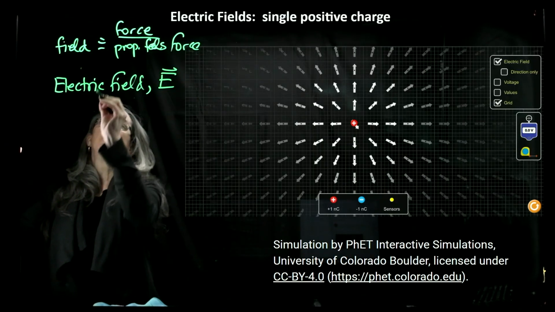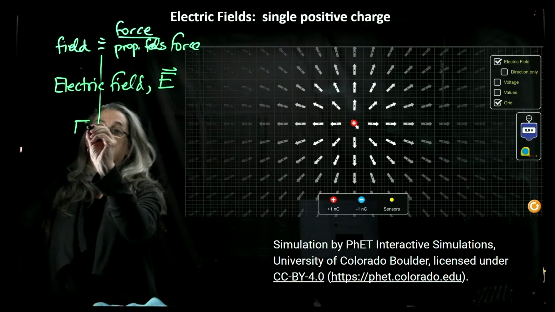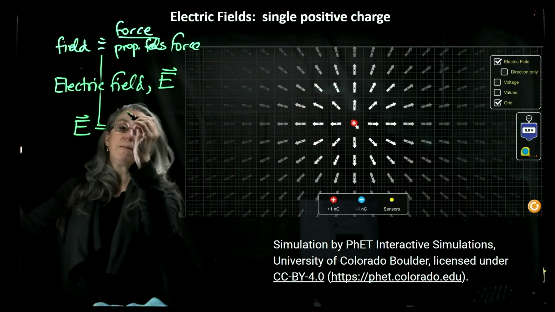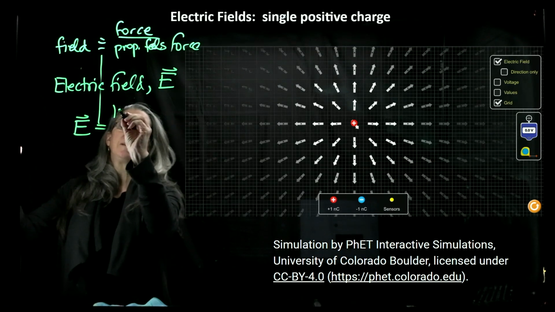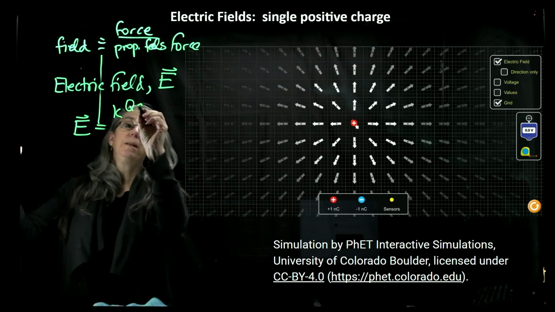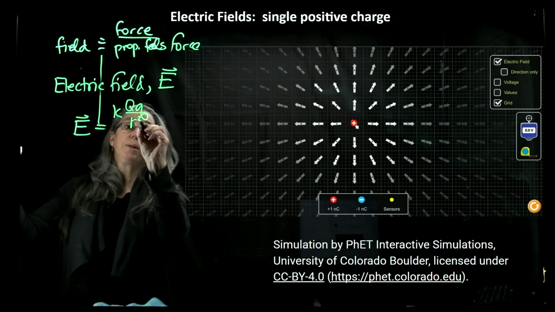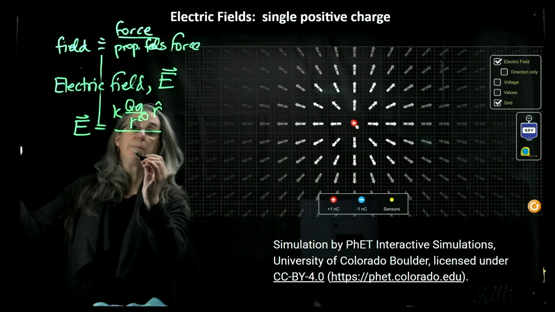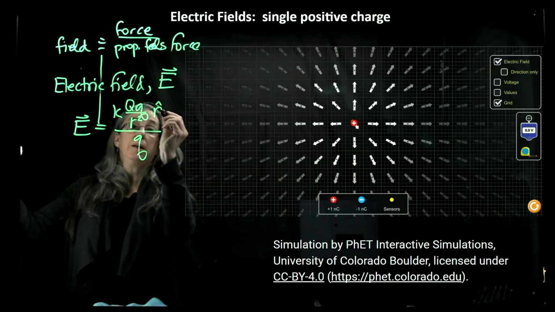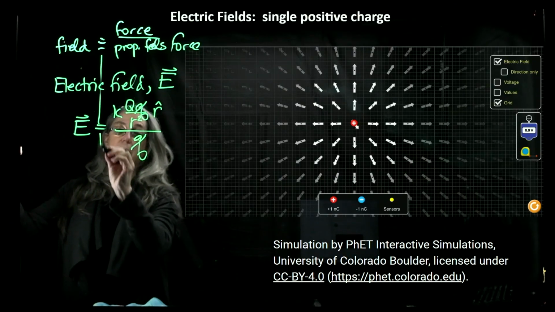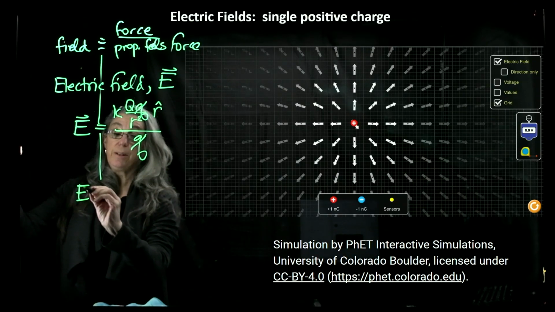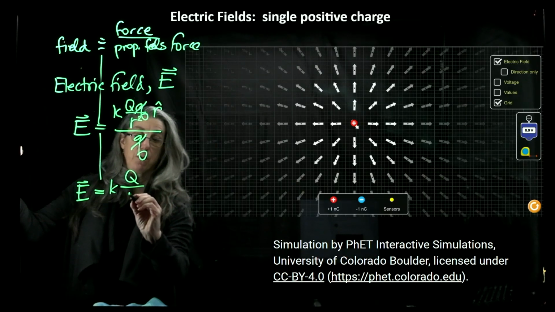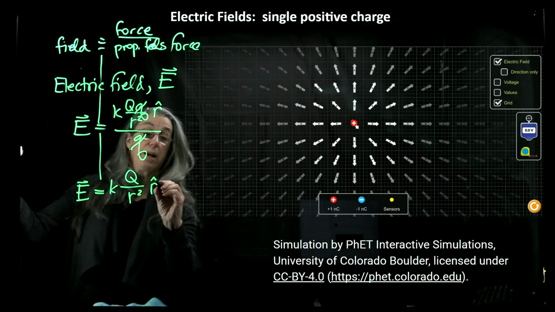E will be the placeholder for the field for the electric case. And the force is the Coulomb force, K big Q little q over r squared in the r hat direction, divided by little q. I can just cancel a little q, and that means that the electric field vector is equal to K Q over r squared in the r hat direction.